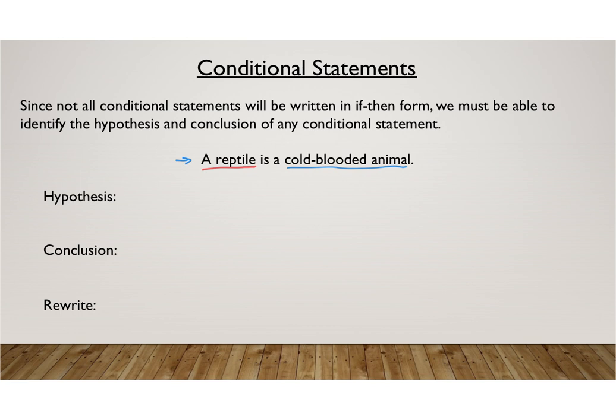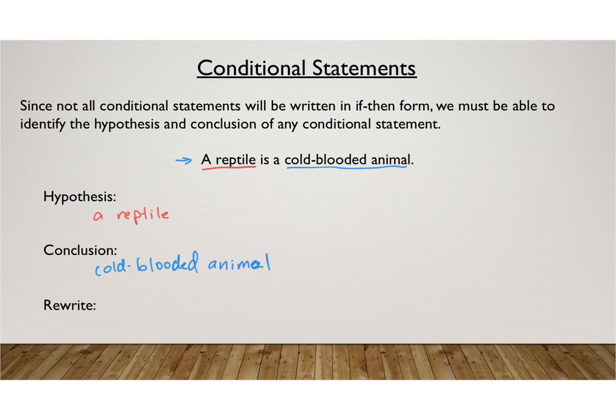So your hypothesis is going to be a reptile. That's the main thing we're talking about. And then your conclusion is going to be cold-blooded animal, since that is what is describing the reptile, or what we're talking about. And that is not how you spell animal. There you go. Now that we've identified these two pieces, I can write it as an if-then statement.